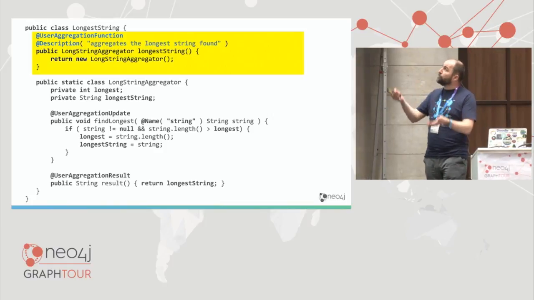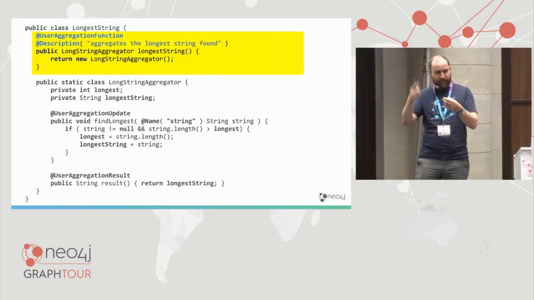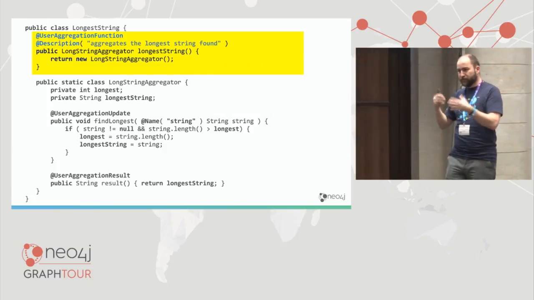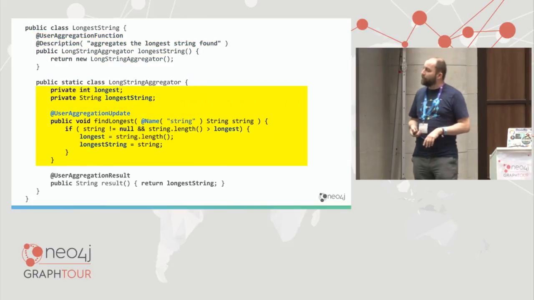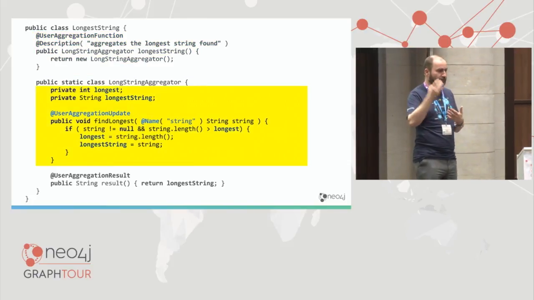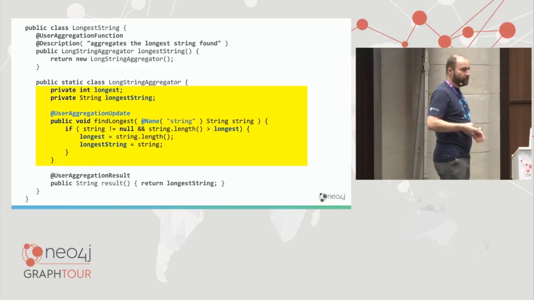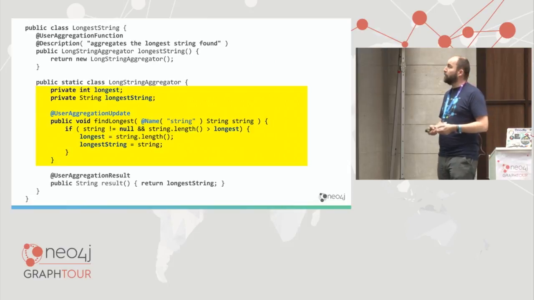Basically, you have one bit of the implementation that says create the aggregator, because the aggregator has to accumulate state, right? Some kind of state to do the actual aggregation. So we create a new instance of the aggregator. And then the aggregator itself has one method that gets called for every value that's passed in. And then it can update its internal state.